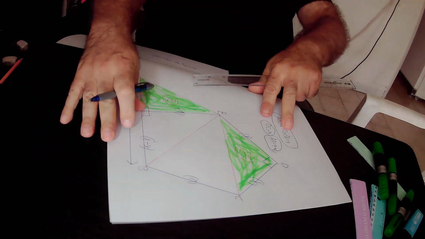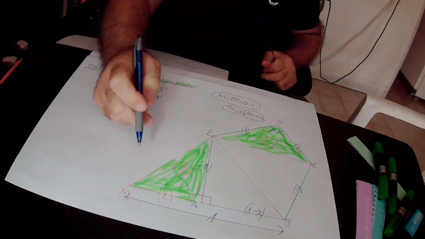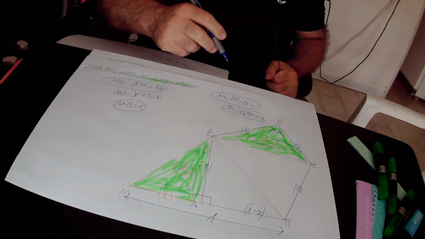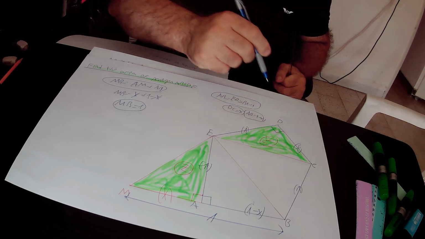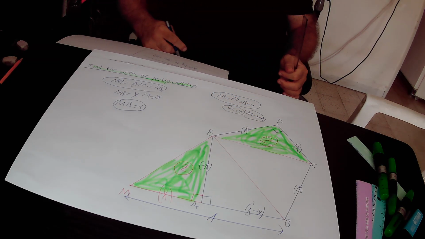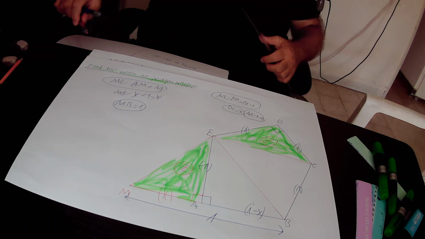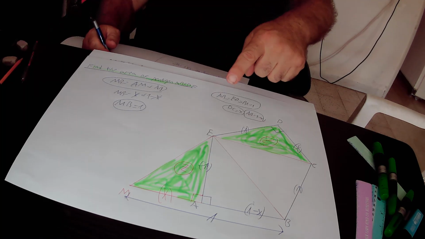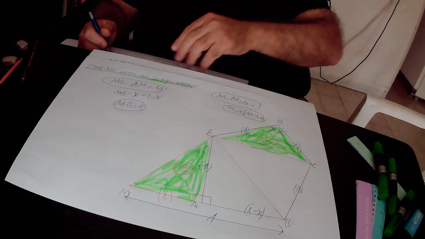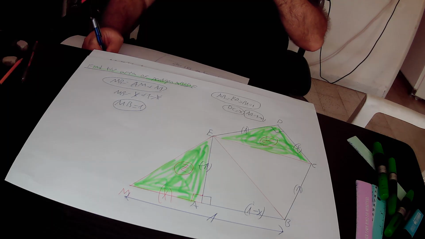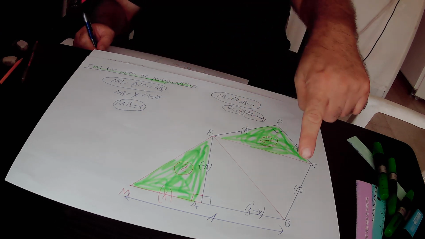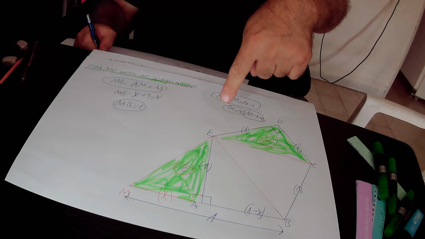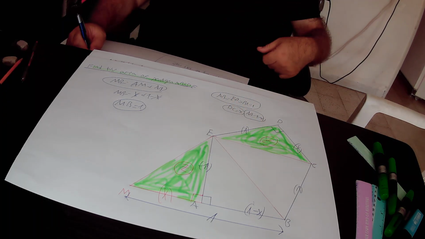In the next step, we'll prove that triangle MEB can go into triangle EBC according to the side-side-side rule.